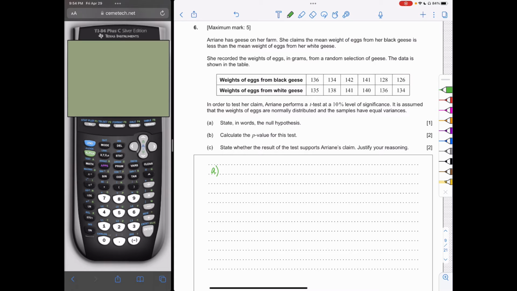So we could easily say that the mean weight of eggs is the same for the black and white geese.